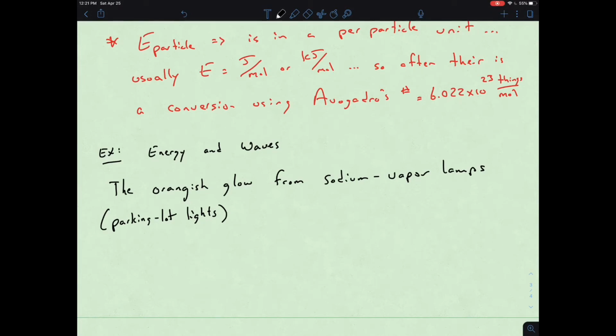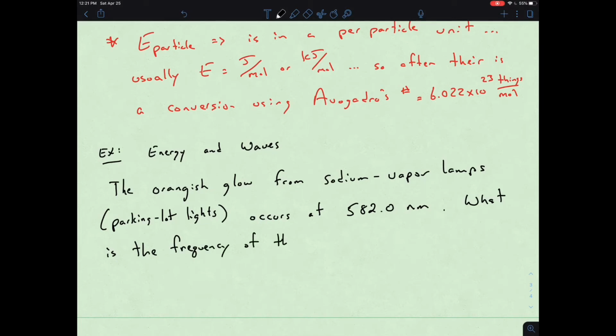And so the orangish glow from the sodium vapor lamps occurs at 582 nanometers. What is the frequency of light? And also, what is its energy per mole of photons?